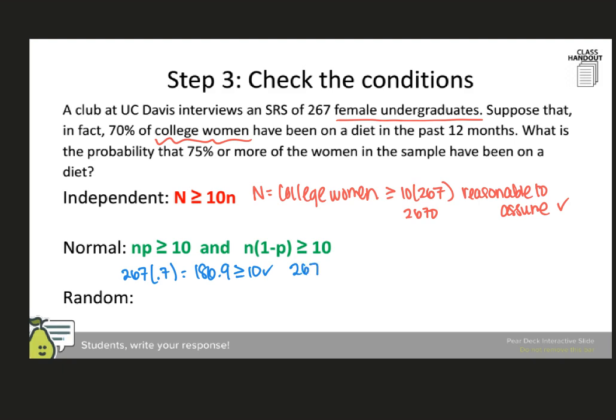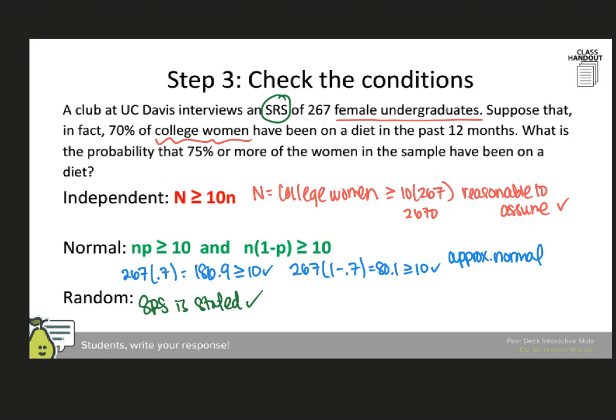And then 267 times 1 minus 0.7, which is 80.1. That's greater than or equal to 10, so that's good. So then we would say that our distribution is approximately normal. Okay, lastly, random. Sorry, I'm using the wrong color here. It does say SRS, so SRS is stated. So we know that our sample is randomly selected.